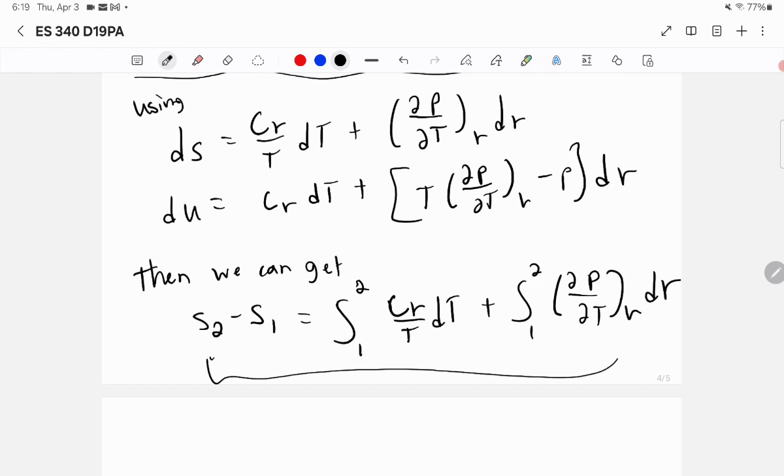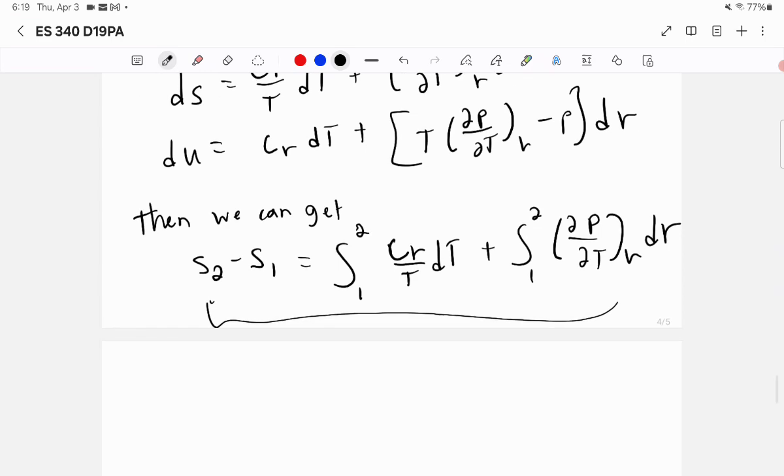The change in entropy. And we can get a similar equation for the change in internal energy, right? So this was the change in entropy up here, change in internal energy.